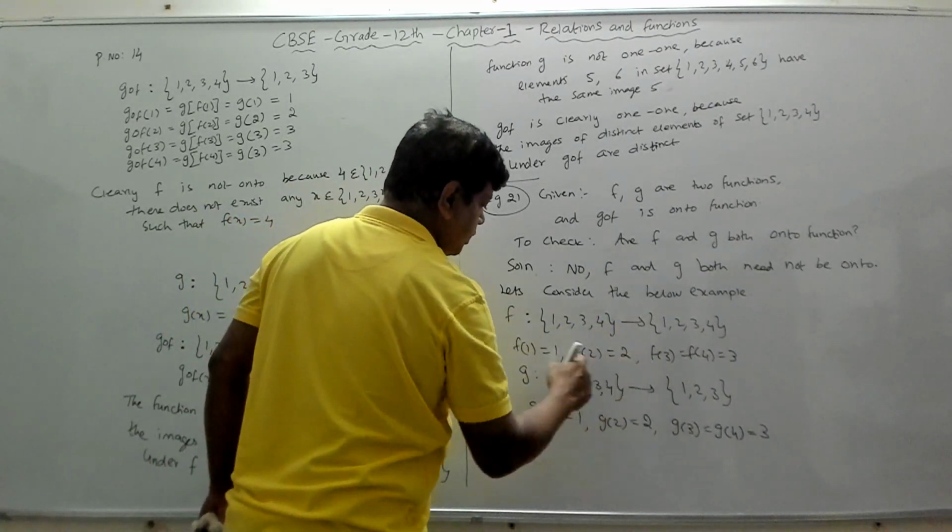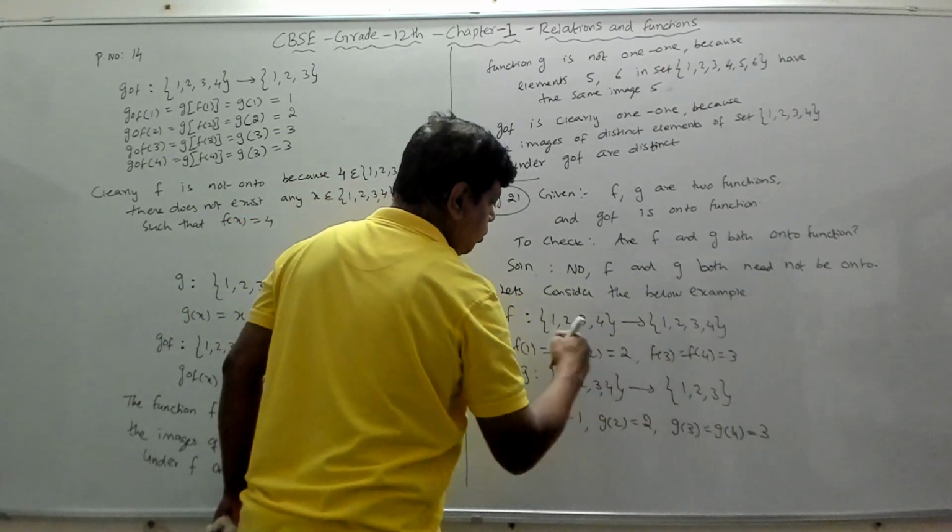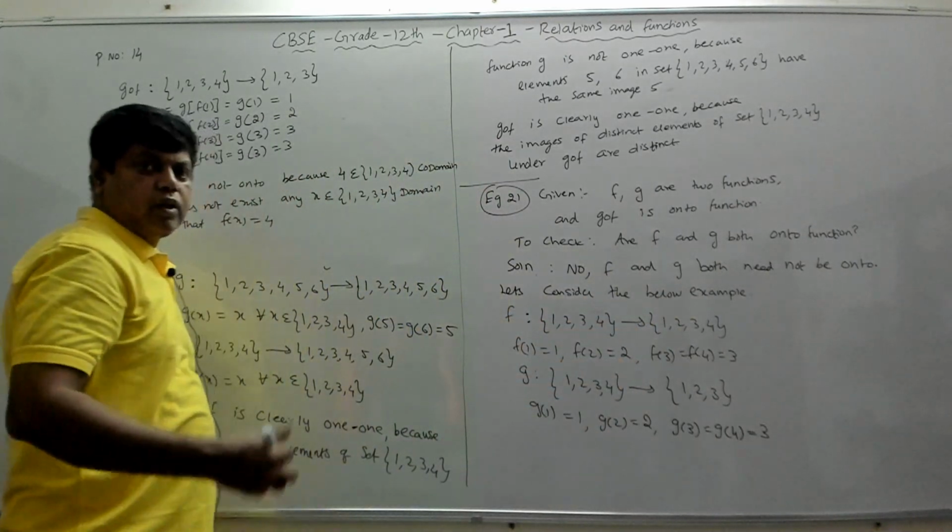Nothing will go to 4. See, it goes to 1, 2 and 3. No element here is going to 4. Therefore f is not onto.